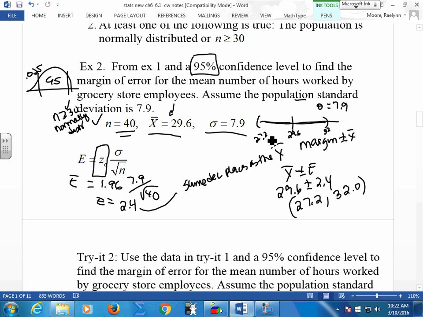We will be 95% confident, because this is the part they told us up here, that our population mean number of hours worked by grocery store owners will fall between these two. Not our sample, we put our sample there.